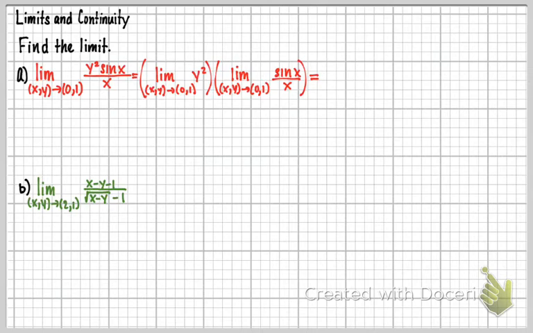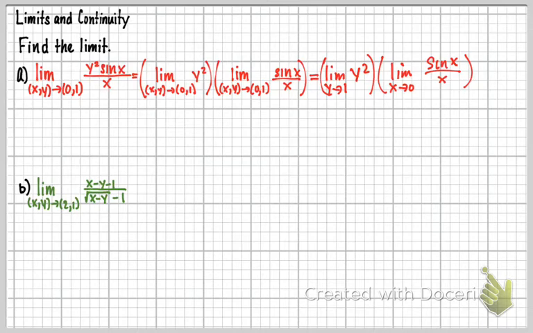Since we separated it by the x and the y's like that, we can talk about just the limit as y goes to 1 of y squared, and the other limit, which is really the limit as x goes to 0 of the sine of x over x. Again, if one of these limits gives me infinity or does not exist, then I have to start over and do something else.